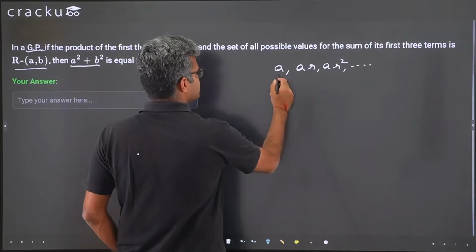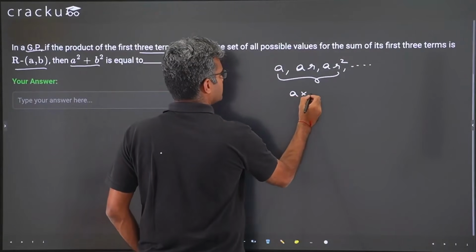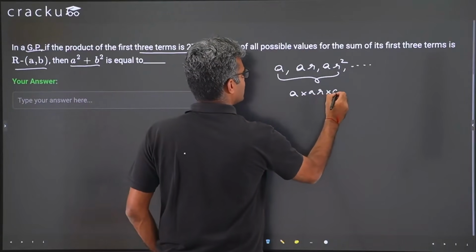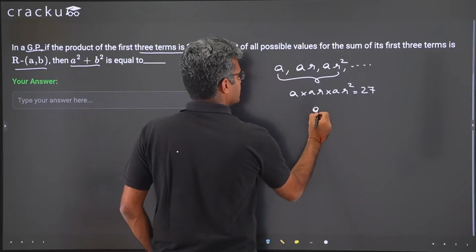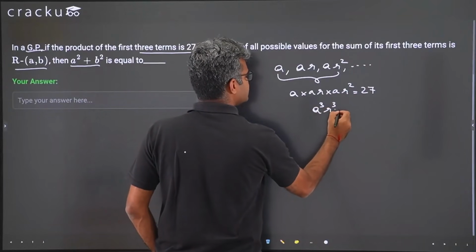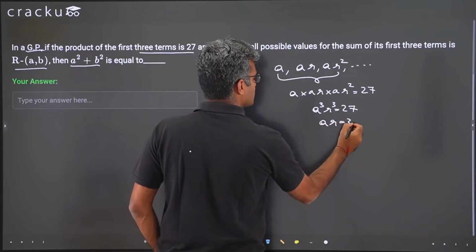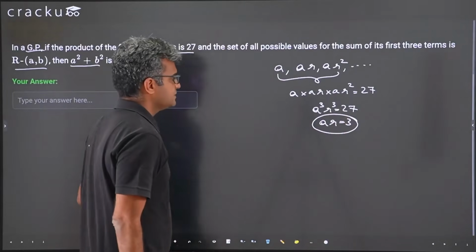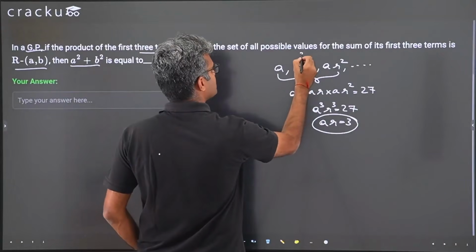The product of the first three terms, that is the product of these three terms, is 27. So a into ar into ar square is equal to 27, or a cube r cube is equal to 27, or a into r is equal to 3. If a into r is equal to 3, the second term essentially is equal to 3.